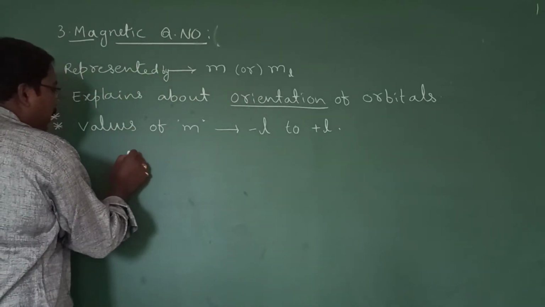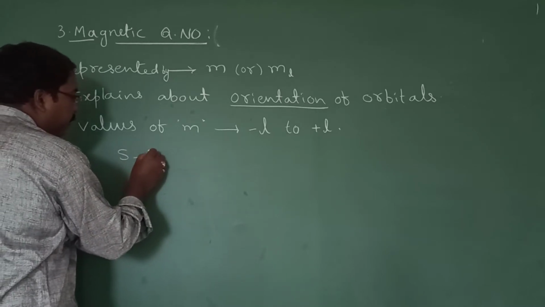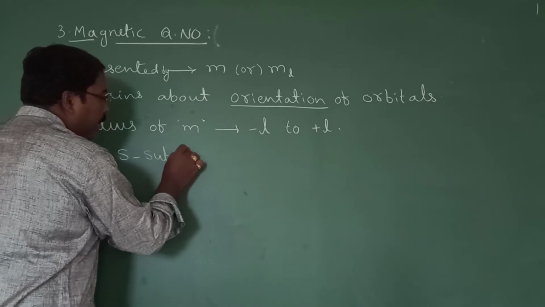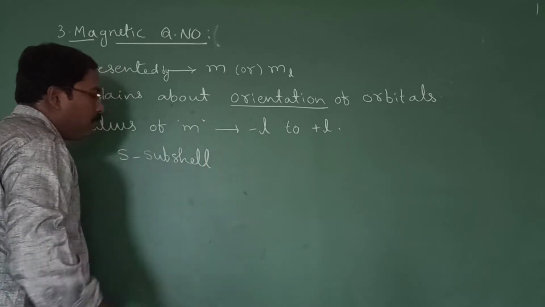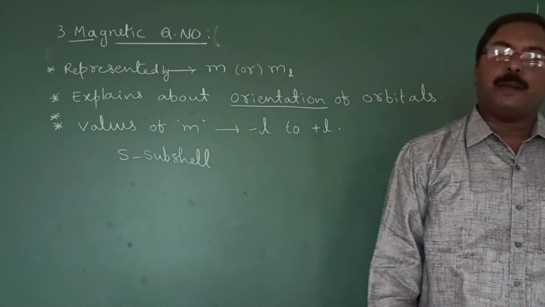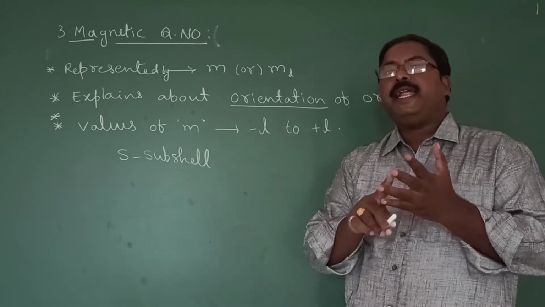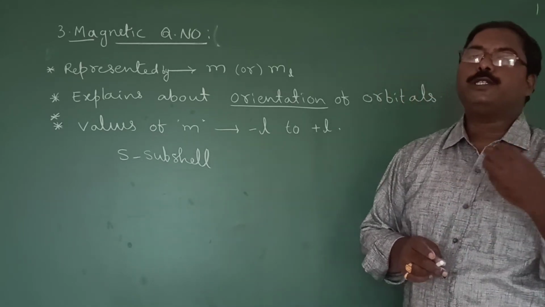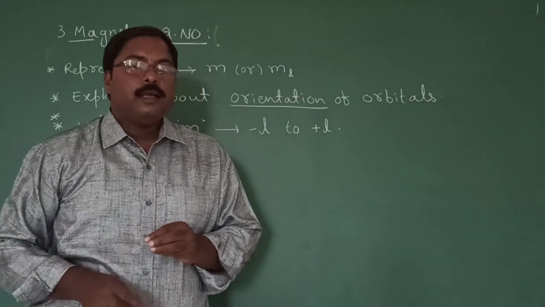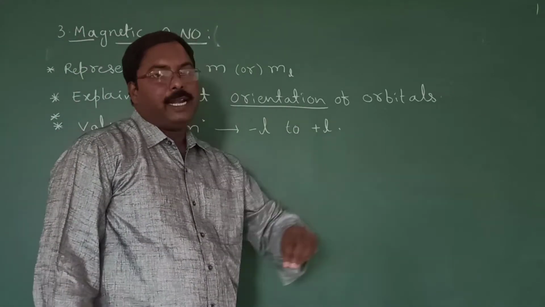Now first, let us take the S subshell. Here somebody may get a doubt between an orbital and a subshell. Whatever we are saying, S, P, D, F, generally we should call these subshells. Within the subshells there will be different orbitals.